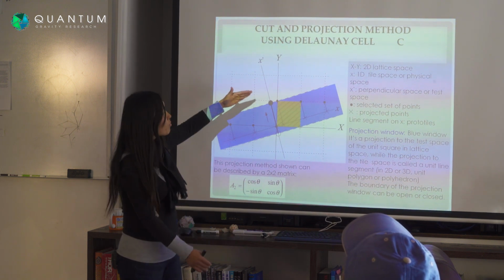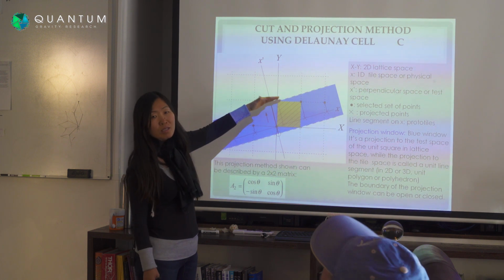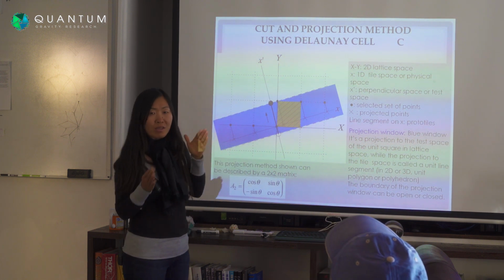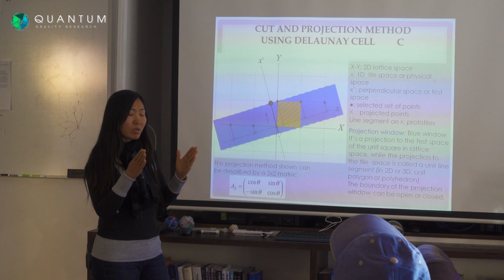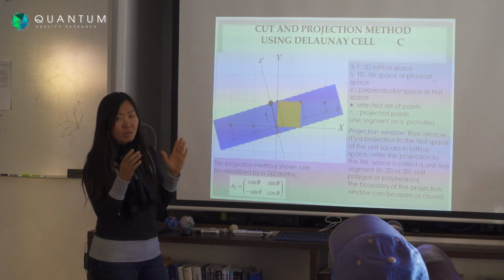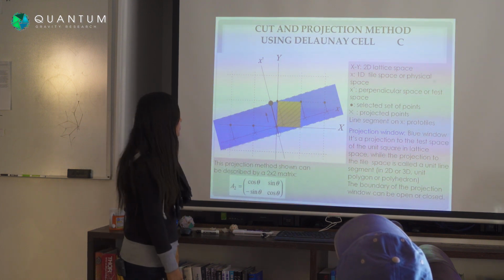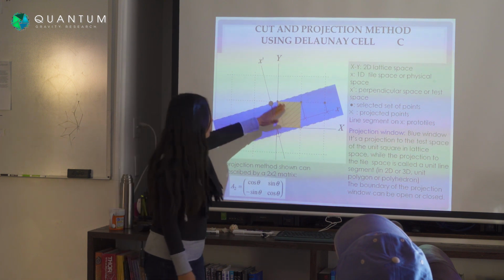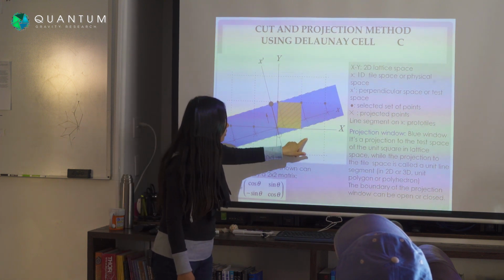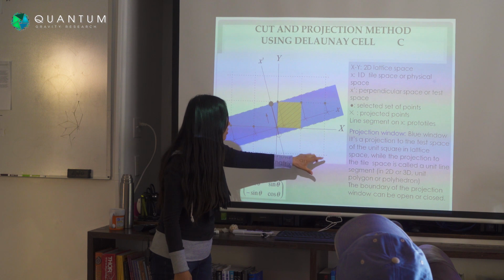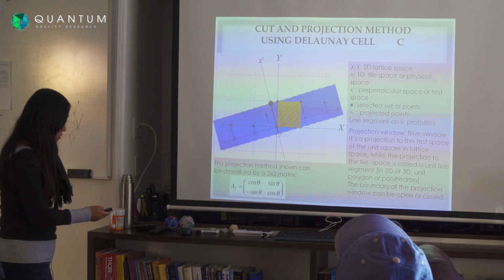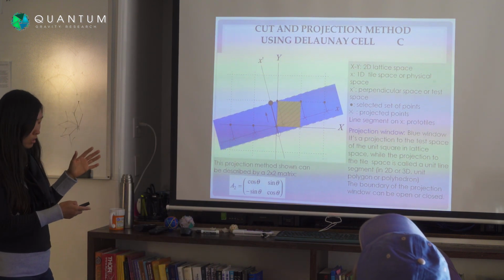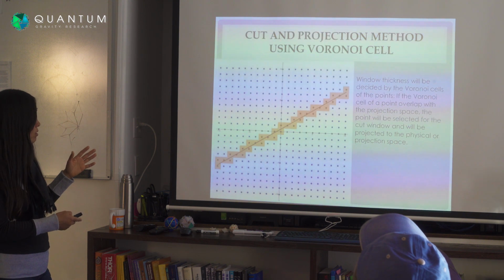So we make one side closed and the other side open, so that we can make it more like a unit. Because the next layer down, this will be included in the next one, but that won't. Right. So okay, that's using the Delaunay cell, which is pretty easy.